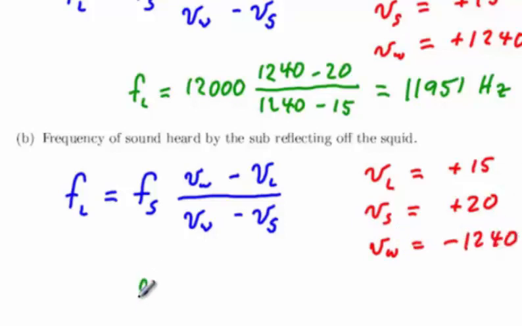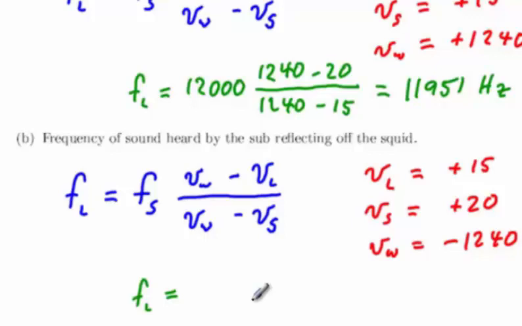As we plug in these numbers, we have to be mindful of what the frequency at the source will be. The source is now the squid. Even though the submarine originally released a sound whose frequency was 12,000 hertz, the squid never hears 12,000 hertz.